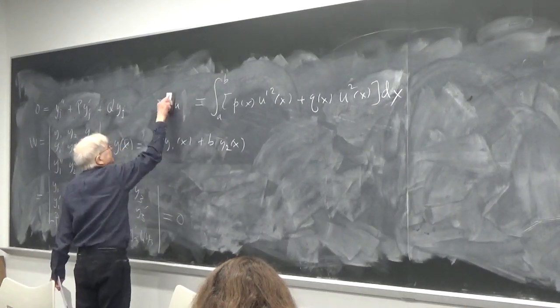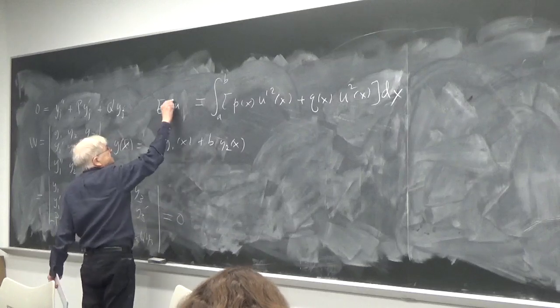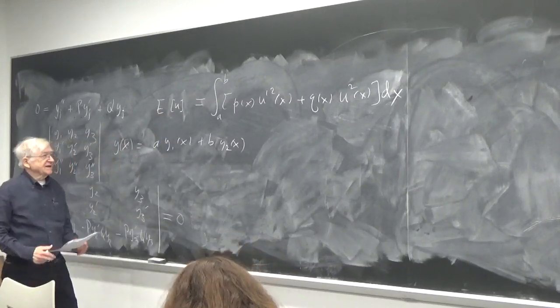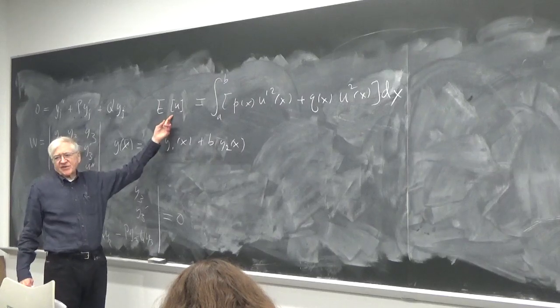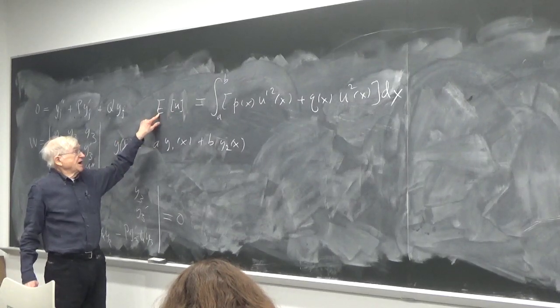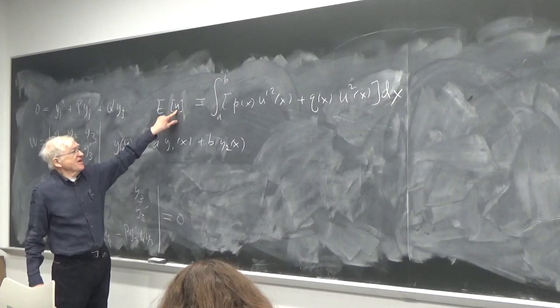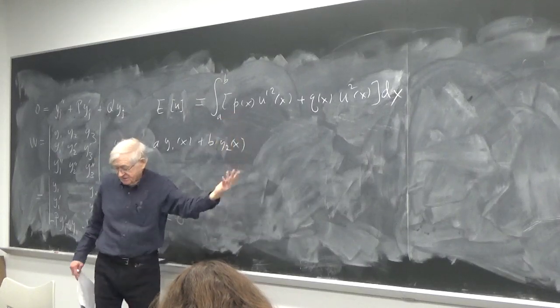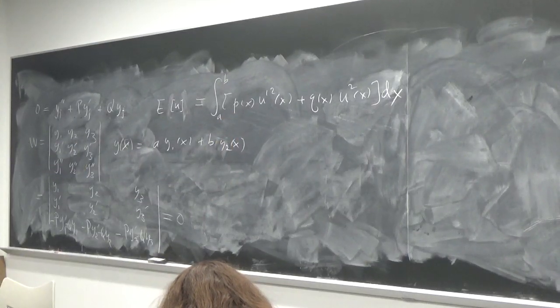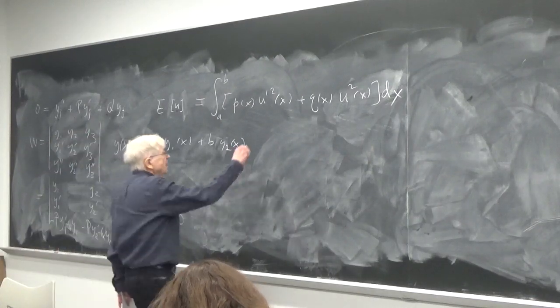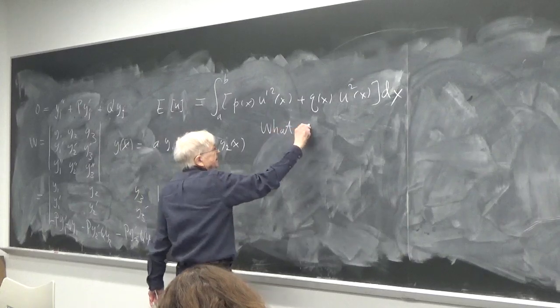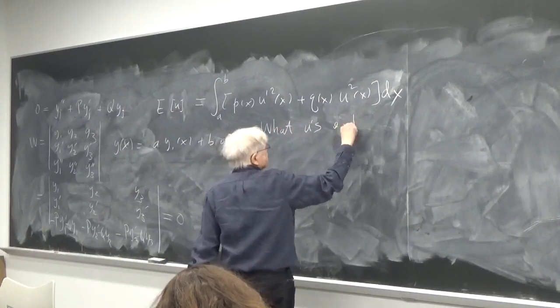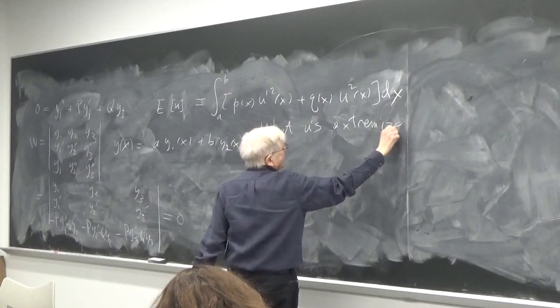Technically, one uses square brackets for a functional. E is a functional because it maps any function into a number. And the number is an integral involving P and Q and the function and its first derivative, integrated from A to B. And so we might ask, what u's extremize E?